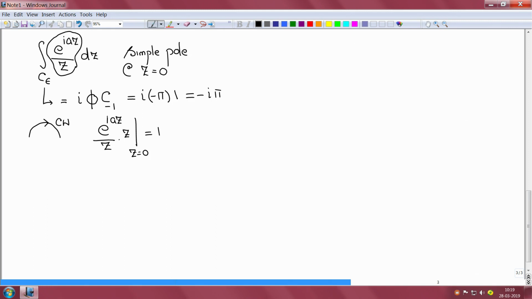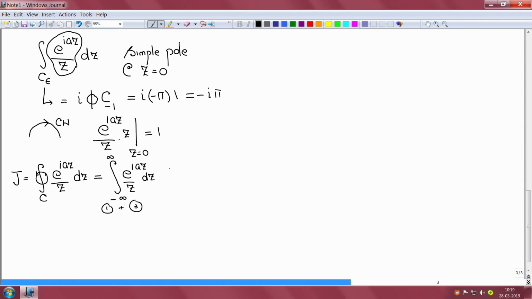Okay. So where do we stand? We started with J, which is equal to the closed contour integral on this C, e to the power of i a z by z dz. Okay, that is equal to now the integral I want, which is minus infinity to infinity e to the power i a z by z dz. Okay, this is coming from first and third portions.